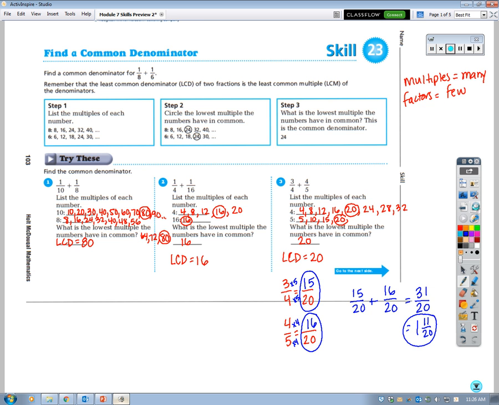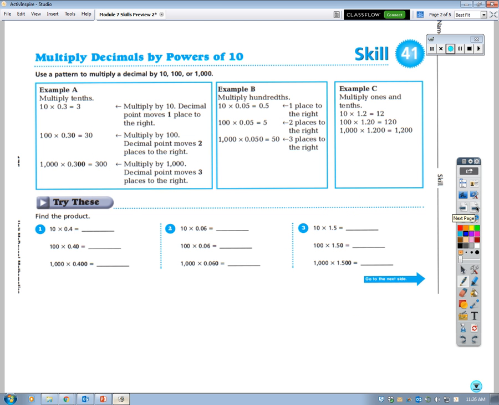So skill 41 is our next one, and that is multiplying decimals by powers of 10. Again, another review skill, and the beauty of this is that we are just moving decimal places, okay? So for every time we multiply by 10, we are moving one decimal to the right. So if we are multiplying 10 times 3/10, we move the decimal one place to the right.